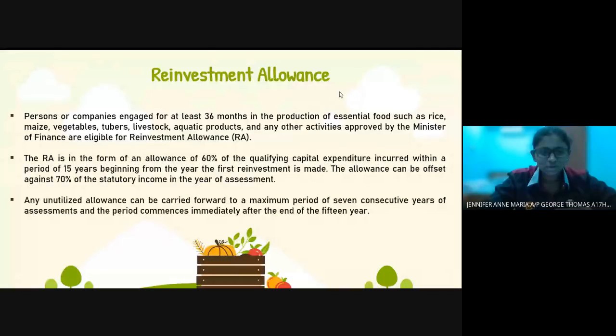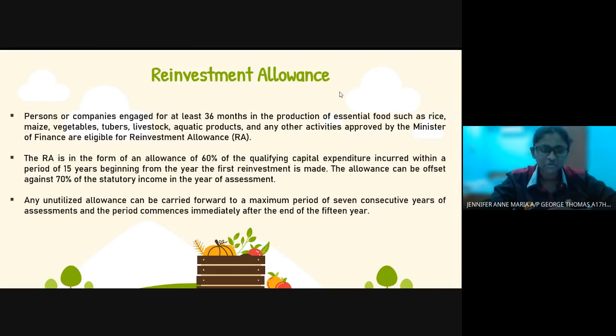So the next will be about the reinvestment allowance. The companies must have already been in agriculture business for at least 36 months, for example, companies involved in the production of essential foods such as rice, corn, vegetables, tubers, meaning vegetables which grow underground on the root of a plant, for example potato or yam, as well as livestock, aquatic products, and other activities approved by the Minister of Finance.